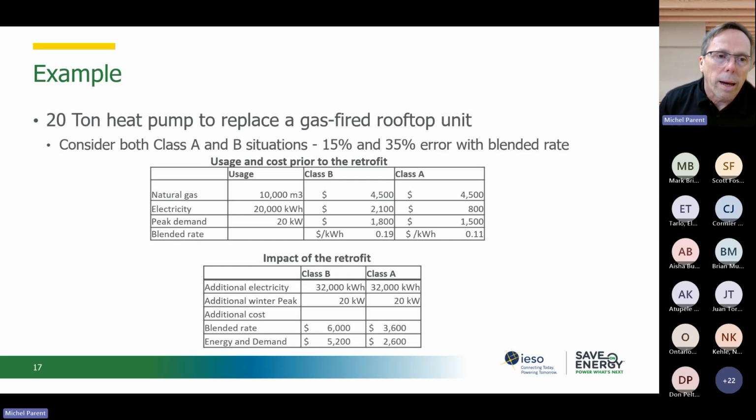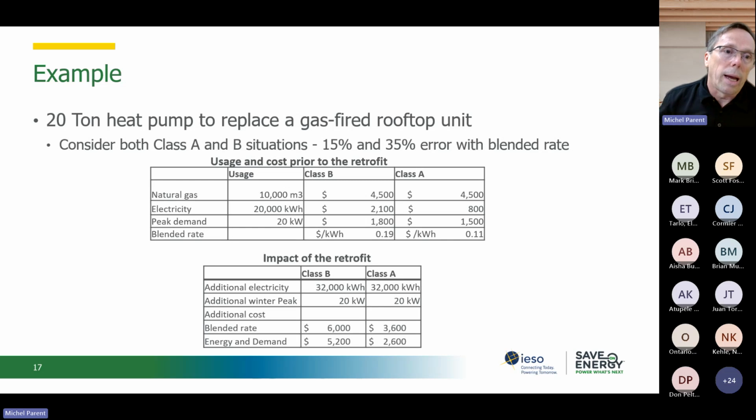Otherwise, you can make errors that can be significant in your decision on moving from a gas-fired system to a heat pump system. And I've seen in Class A, sometimes the error can be more than 50% because of the difference between the blended rate and the actual marginal energy rate. Your blended rate can be 16 cents and your marginal energy rate could be 5 cents. So the error can be really, really significant.